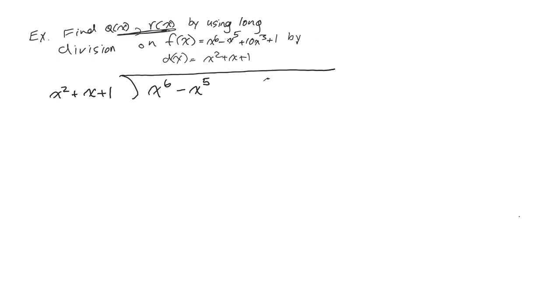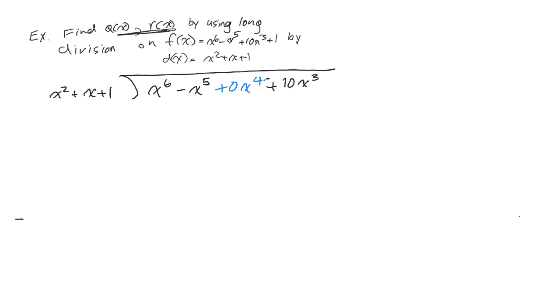Now, because there is no x to the 4 here, we're going to put plus 0x to the 4, and then we continue down with 10x cubed.